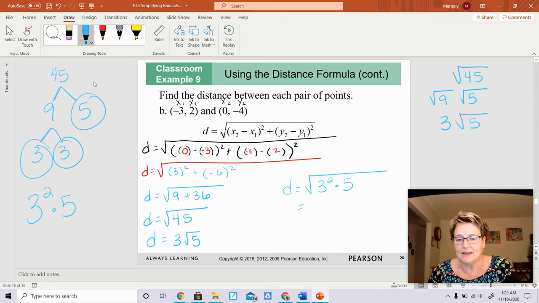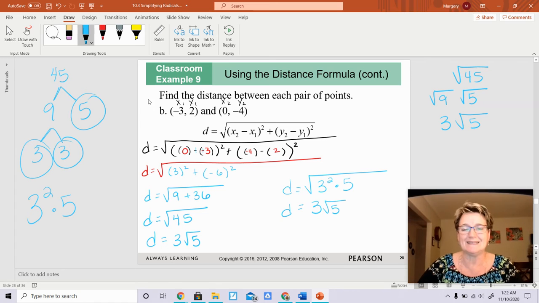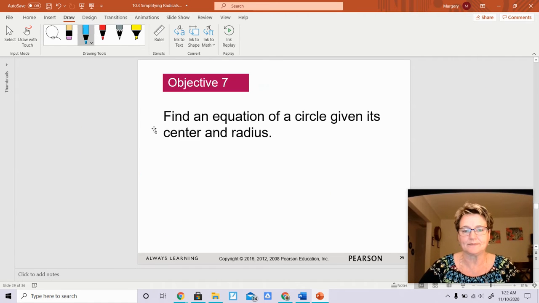Well, you're going to end up with the square root of 3 squared is 3, and then the square root of 5 you cannot do. I don't care which way you do this. I prefer this method, but some people use this method. It does not matter which one you use to simplify the radicals.